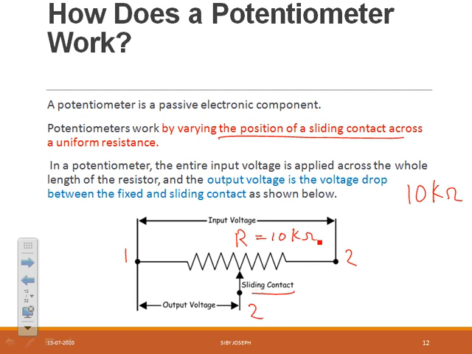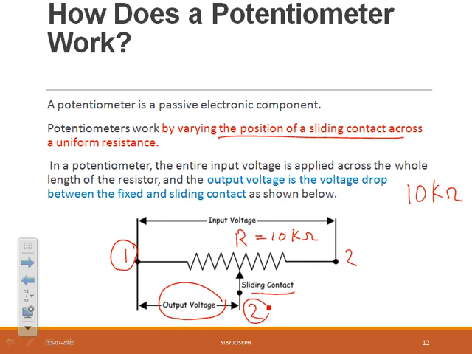By varying the sliding contact, we can vary the resistance so that the output voltage can also vary. This output voltage is measured between terminal 1, which is a fixed contact, and terminal 2, the sliding contact.